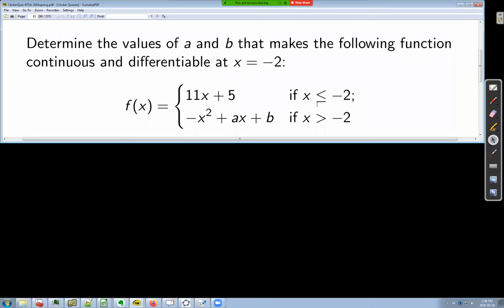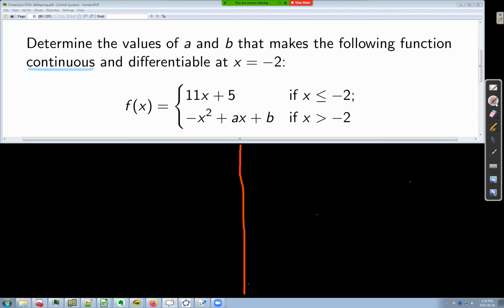All right, so what are we going to do? We have to think about continuity, and we have to think about differentiability. First I'm going to think about continuity. When I think about continuity, I think about limits, and in particular the limit from the left and the limit from the right.